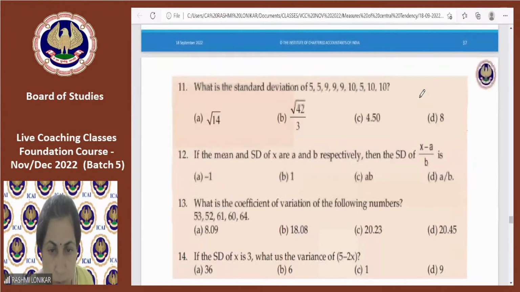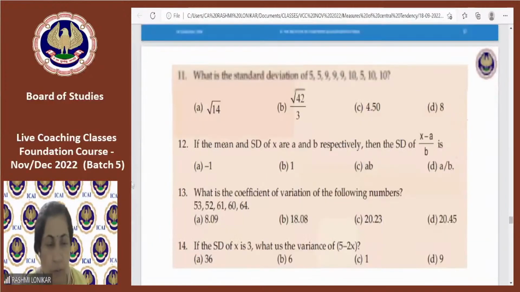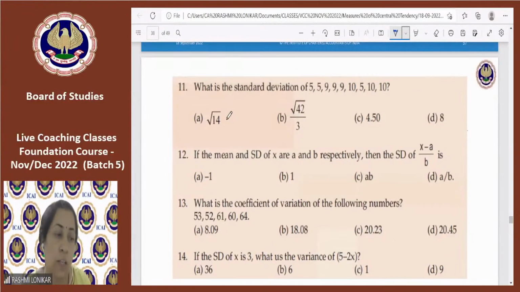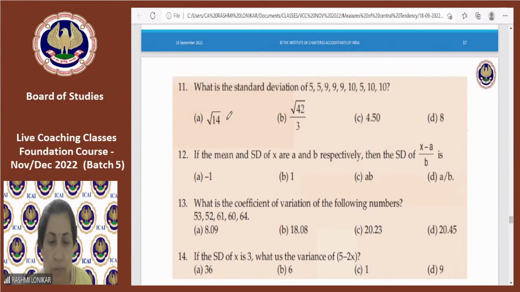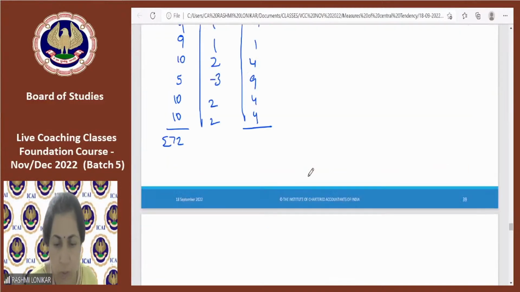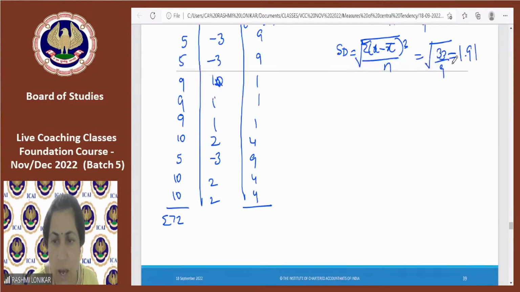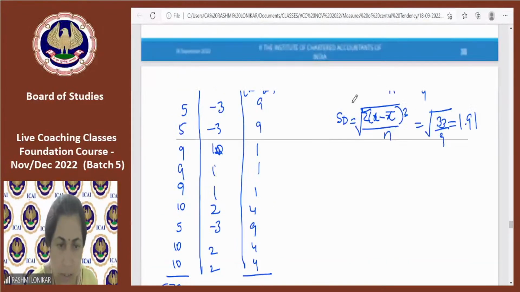So we need to find the standard deviation. Now what they have done is they have given the options in square root sign. They have not given a full value. So what happened is I got this answer.